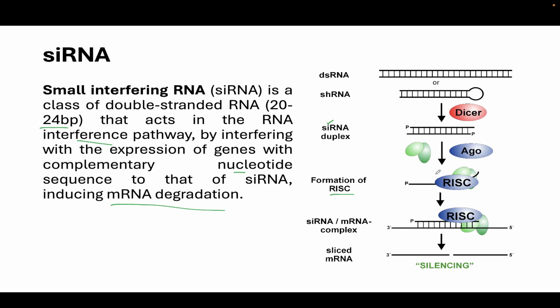How does it happen? Because the function of RISC is to take one strand of siRNA and find its complementary strand. So now this RISC factor took one strand of siRNA and got to know about this mRNA, which has its complementary base pairing. Now you got it, where there is a complementary strand present. This is a double stranded structure, this is your siRNA, the above one.